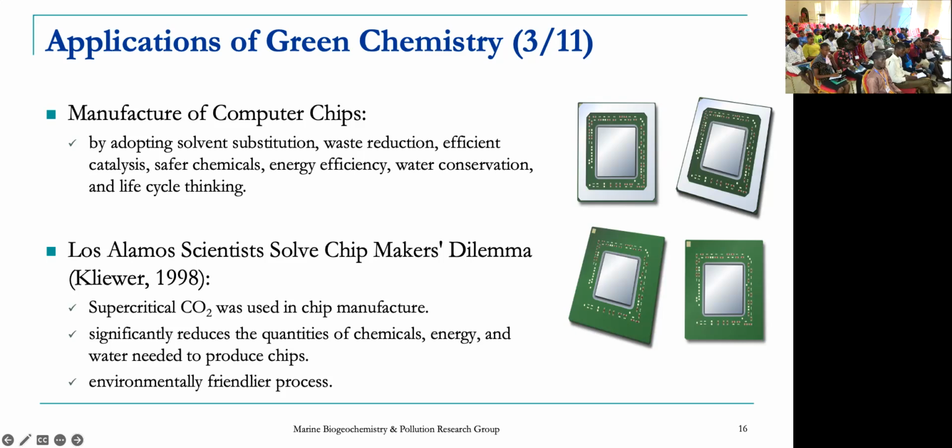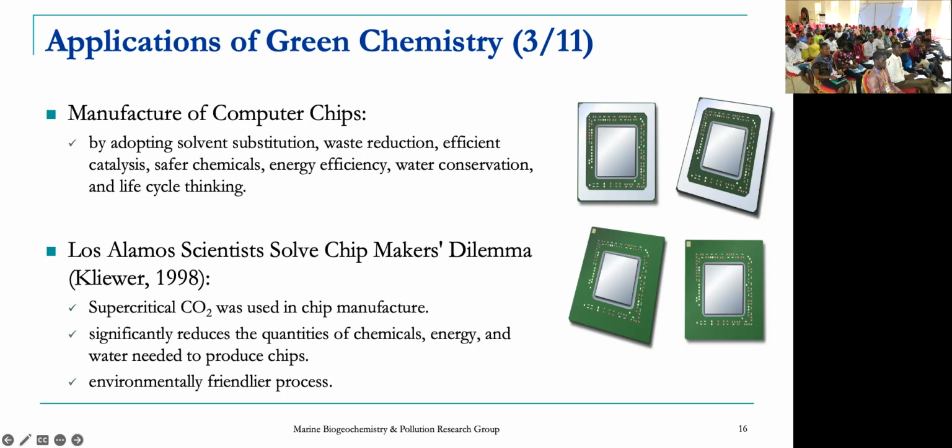So scientists at the Los Alamos National Laboratory developed a process that uses supercritical carbon dioxide in one of the steps of chip preparation, and it significantly reduces the quantities of chemicals, energy and water needed to produce chips. Of course, this was the application of a green chemistry principle.